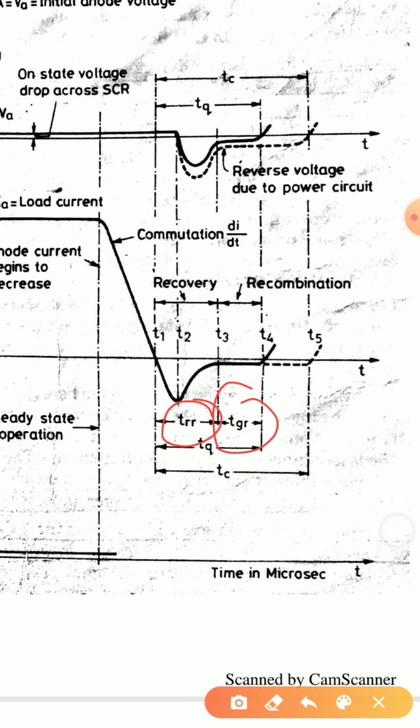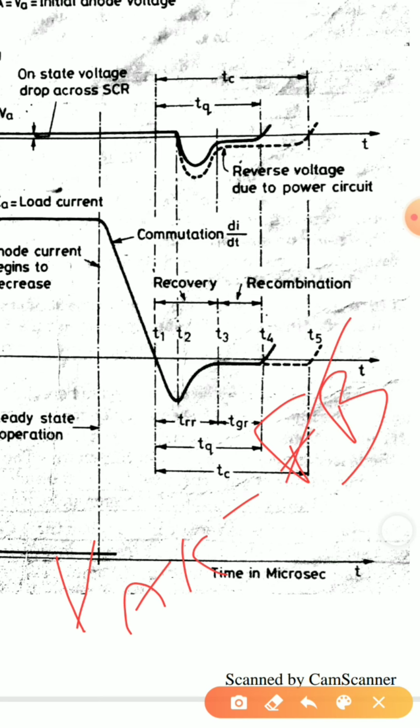Now let us discuss reverse recovery. I term it TRR. During TRR, the anode current will start to build in the reverse direction. VAK was initially forward biased, and I am removing this forward bias.